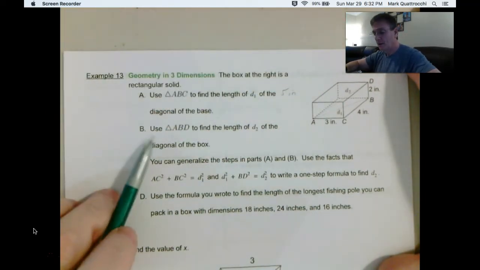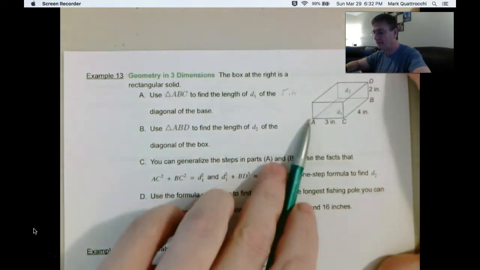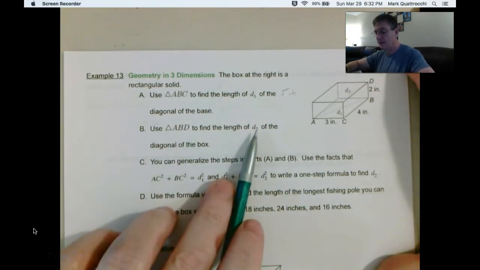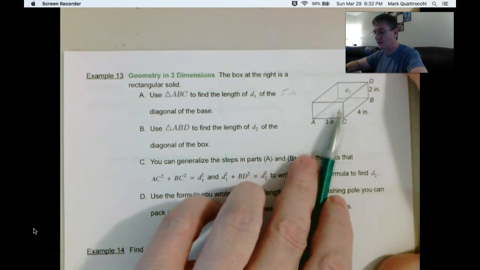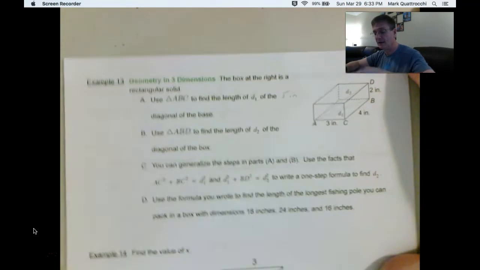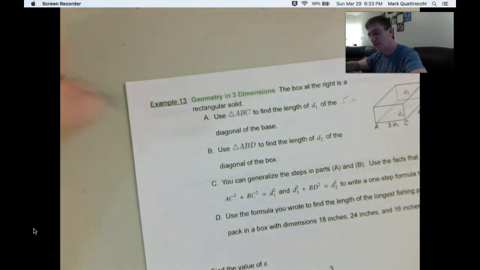Okay. Use triangle ABD to find the length of D2. So 2, 5, and D2. That's another right angle. So this one I'm going to have to do Pythagorean theorem because I don't have a Pythagorean triple.